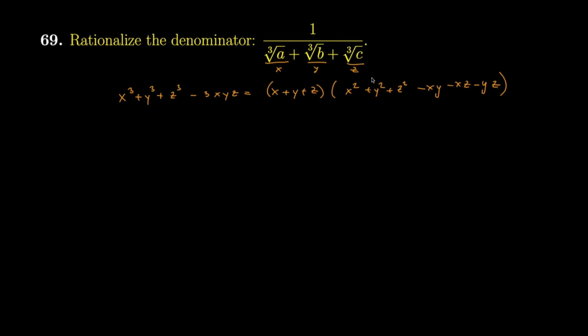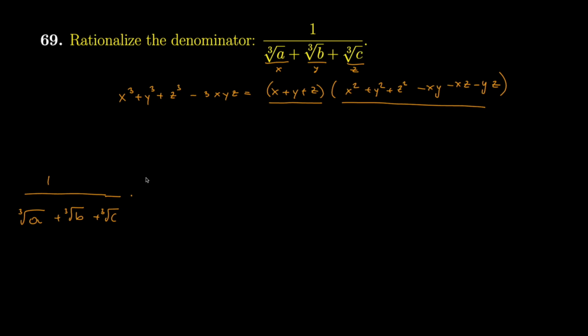So what happens if I multiply this one, I have x plus y plus z, with this one, both numerator and denominator? My expression becomes 1. So I will try to write the entire expression accurately.